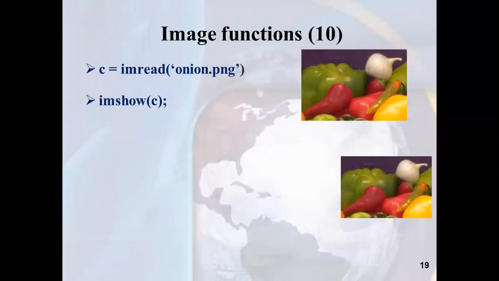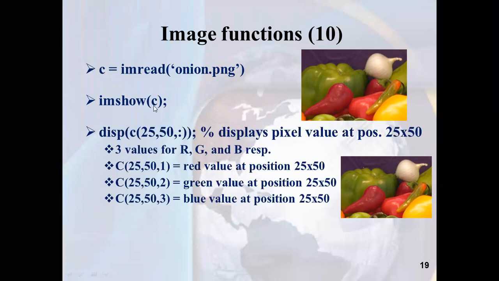Okay. C equals imread onion.png, imshow. This is onion.png. Now display C(25,50,:). What does display mean? It means we give the value of the variable. C(25,50) means row 25, column 50.